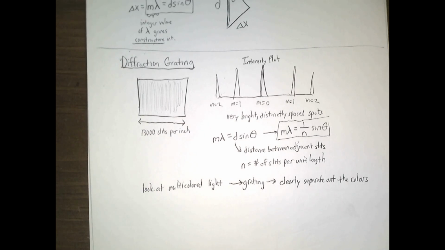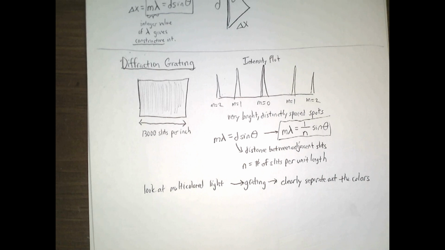Because each kind of molecule has its own distinct signature of light that it produces, you can look at that, put it through a grating, and see, oh, I see a big yellow spot, and that might be sodium, and I see a big red spot, and that might be hydrogen or something like that. So this is really useful in astronomy or chemistry, where you have a sample. You can look at all the kinds of light made by that sample, and then you can identify what it really is by looking for certain signatures within that. So that's a really useful technique used in a lot of different scientific fields, actually.